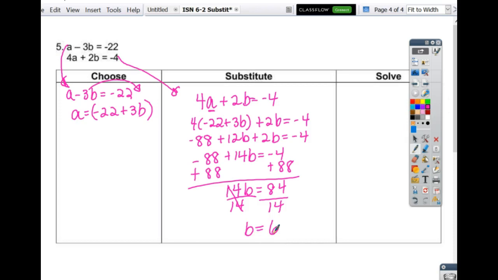And once you get that b is 6, you substitute that back in here. So I'm going to get a equals negative 22 plus 3 times 6.